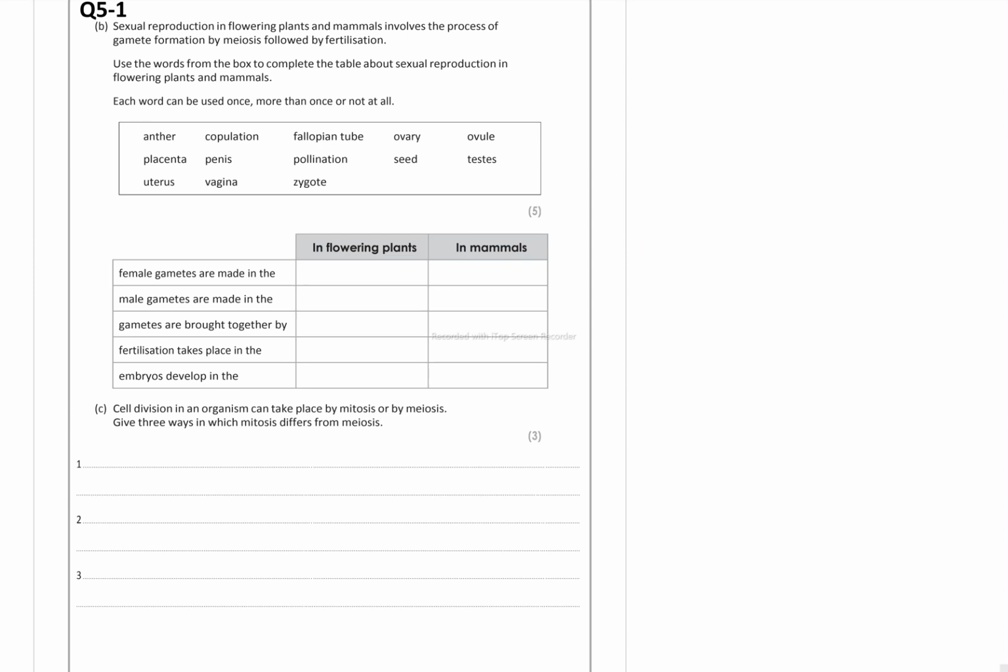Right. So what we've got here is this. So we need to pick one of these words and fill this in. Right. Embryos develop in the uterus in humans. Uterus. So what I do is I go through the ones that I know straight off. Fertilization takes place in the fallopian tube.